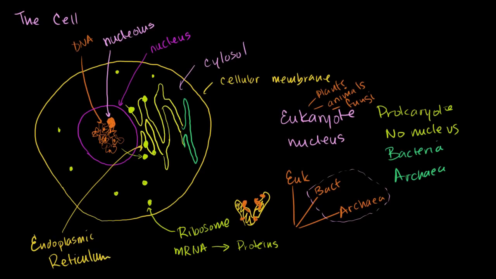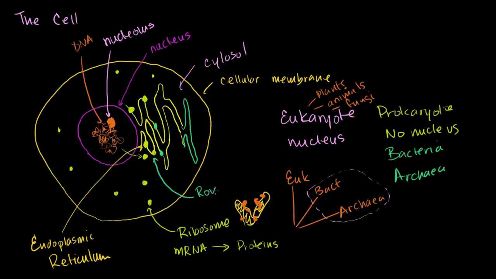Endoplasmic reticulum. Maybe a good name for a band. And the parts that have ribosomes attached to it are called the rough endoplasmic reticulum. Maybe even a better name for a band. So right here, where I've attached ribosomes, this is the rough endoplasmic reticulum, or maybe the rough ER.